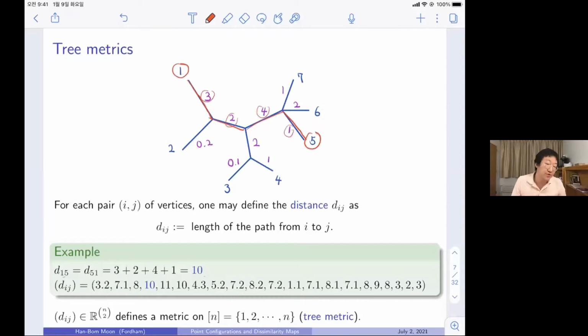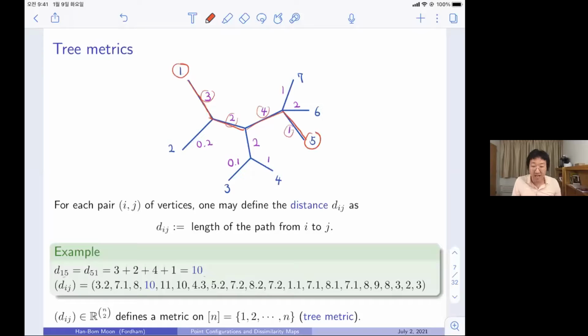Of course, we can compute the same number for any pair of leaves. If you compute and collect all of them, then we can make a finite length vector d_ij. One thing which can be easily checked is that this vector d_ij indeed defines a metric on the finite set of leaves.